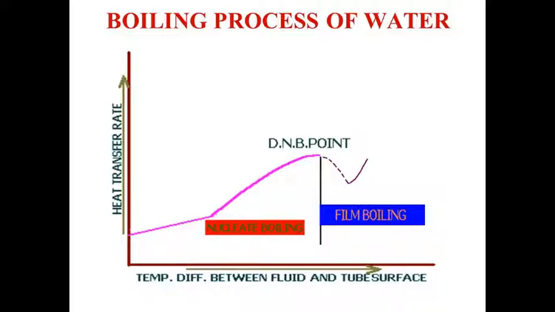So with the increase in heat transfer rate, we find the temperature difference between the fluid and the tube metal surface gradually increases. Initially during the subcooling regime the difference is very less, and gradually as we increase the heat flux, naturally incipient boiling takes place and then nucleate boiling.